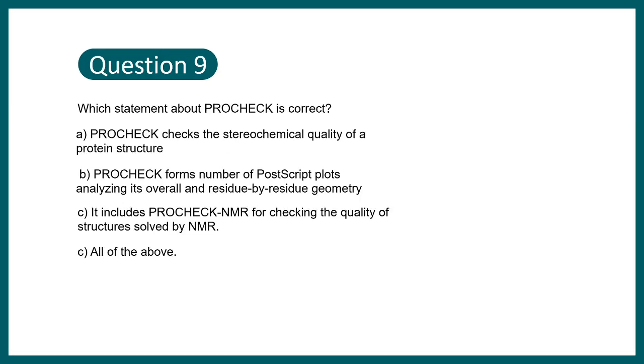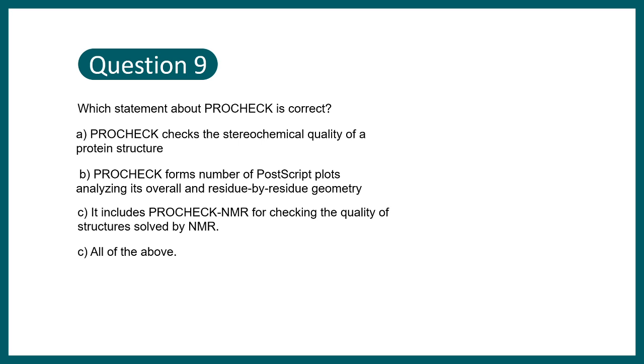Which statement about ProCheck is correct? ProCheck is a very important term for GATB examination. ProCheck is an important tool. So these terms are: ProCheck checks the stereochemical quality of a protein structure. ProCheck forms a number of PostScript plots analyzing the overall residue-by-residue geometry. It includes ProCheck NMR for checking the quality of an NMR derived structure.